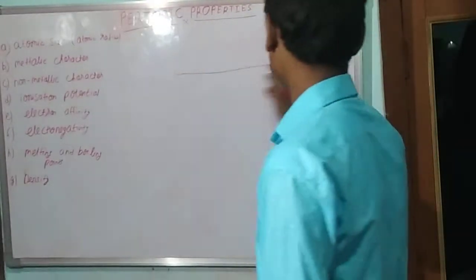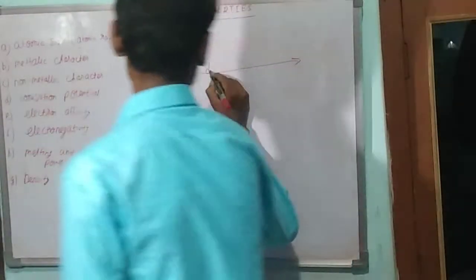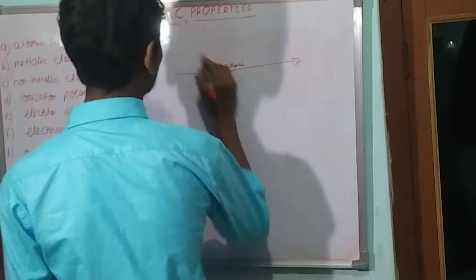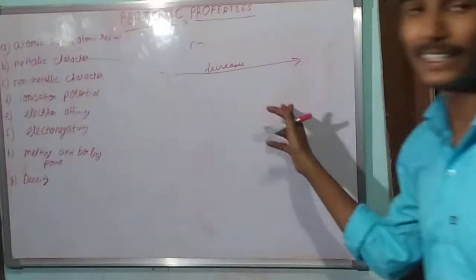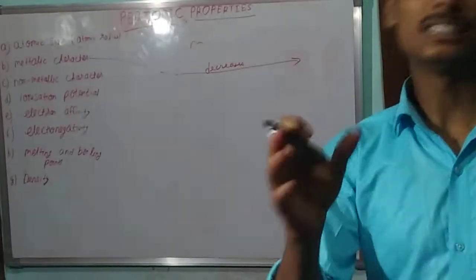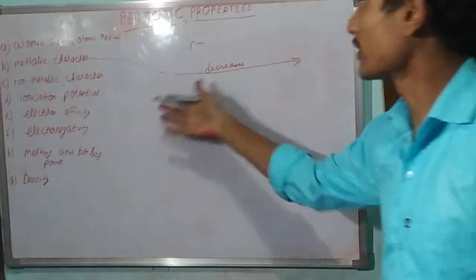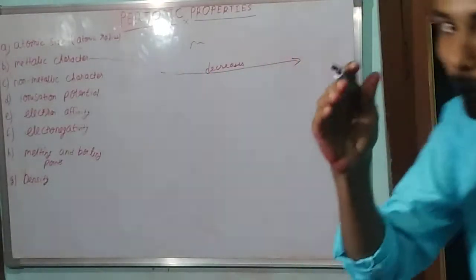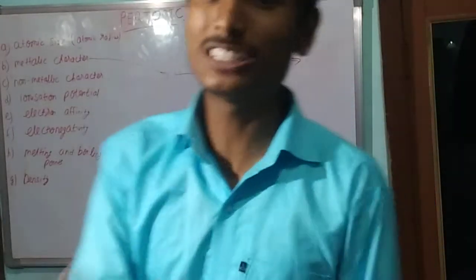Across the period, metallic character decreases. Why does it decrease? Because the nuclear charge increases across a period. So nuclear charge increases means the element can't lose electrons easily.